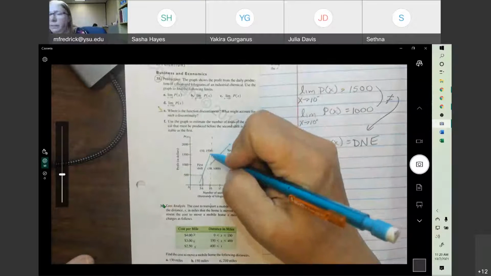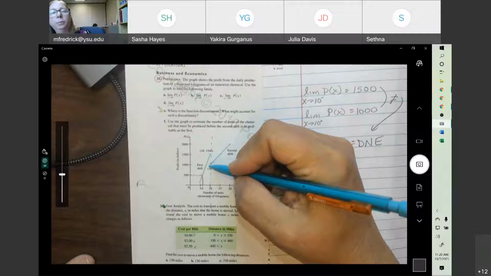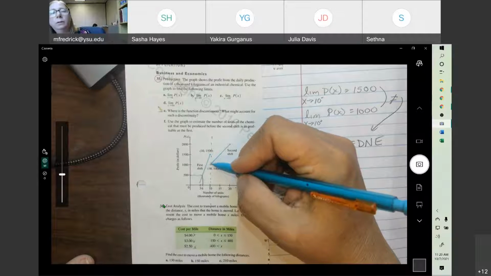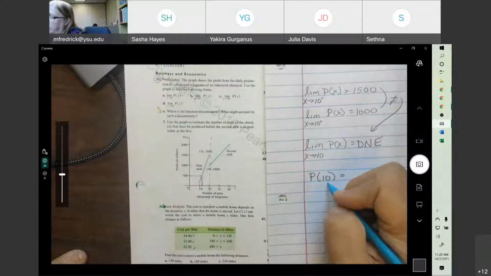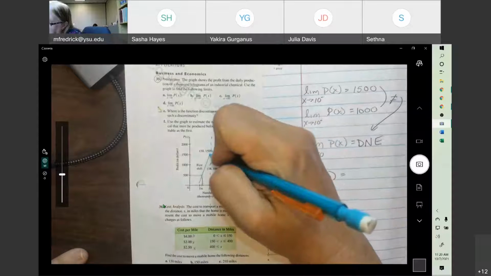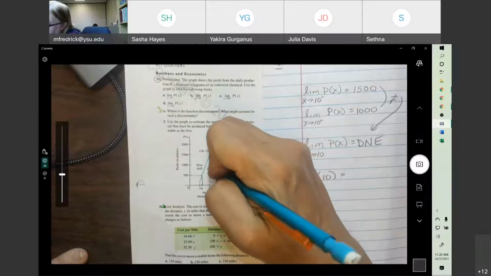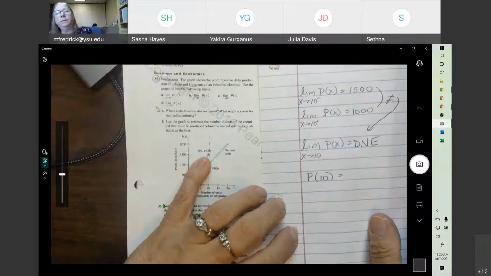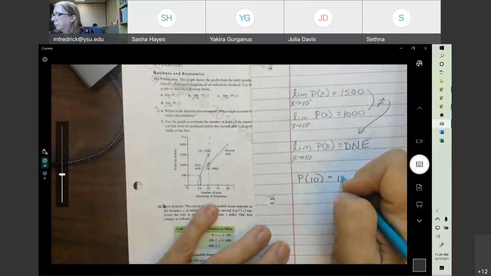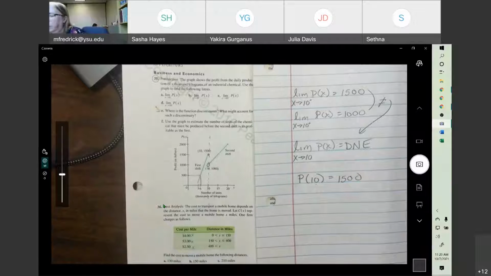Right, the 1500 is colored in where this one is an open circle. So it would be the 1500. When it's written like this, you're looking for the shaded point, and this one is shaded in where this one's an open circle. So it would be 1500. Any questions on that?